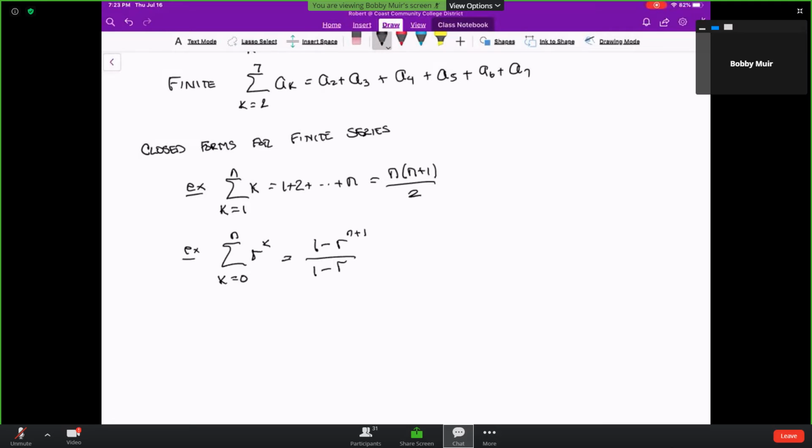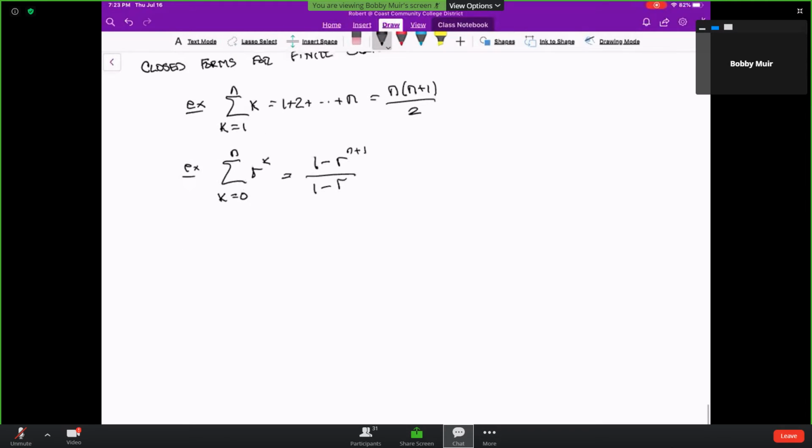Now, if we're given just some kind of finite series, all the rules of arithmetic apply. There's nothing funny going on here. I can rearrange things. I can factor stuff. I can do a lot of that.